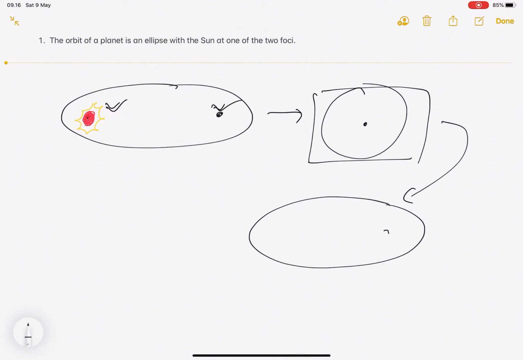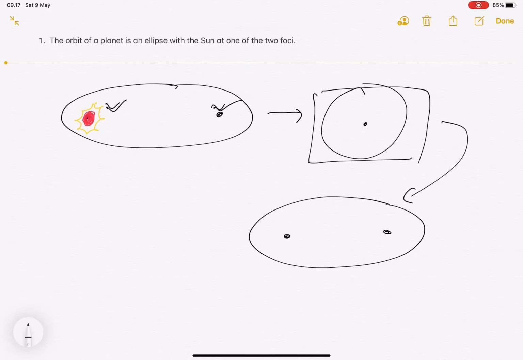If we stretch it, it will be like this, and the eccentricity increases too. Most planets have an eccentricity between 0.01 and 0.1. So there isn't a great level of eccentricity, and for all intents and purposes, we could almost consider the planet orbits as circular, but they are actually ellipses.